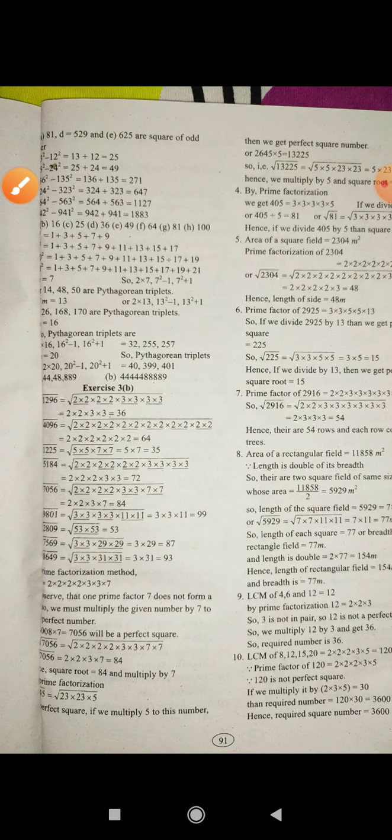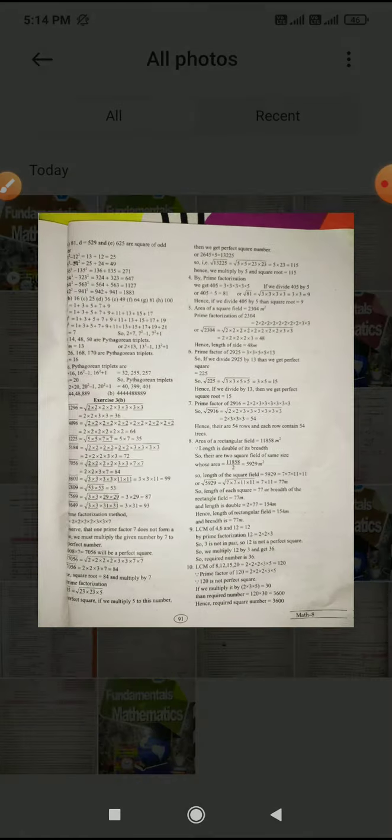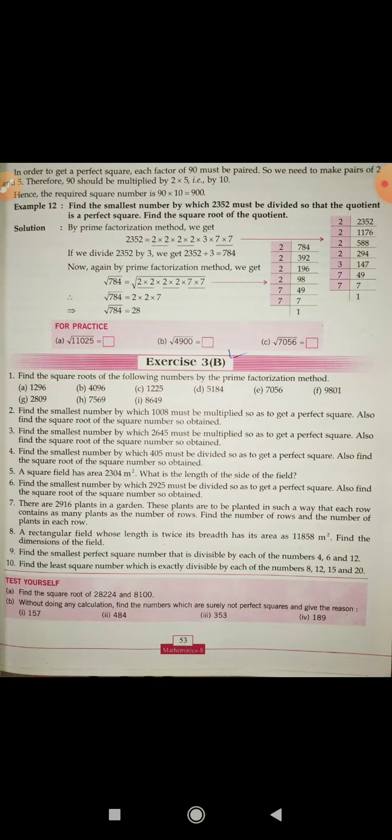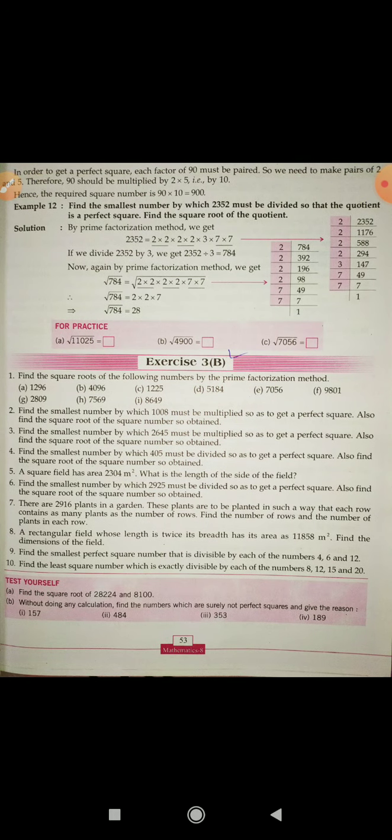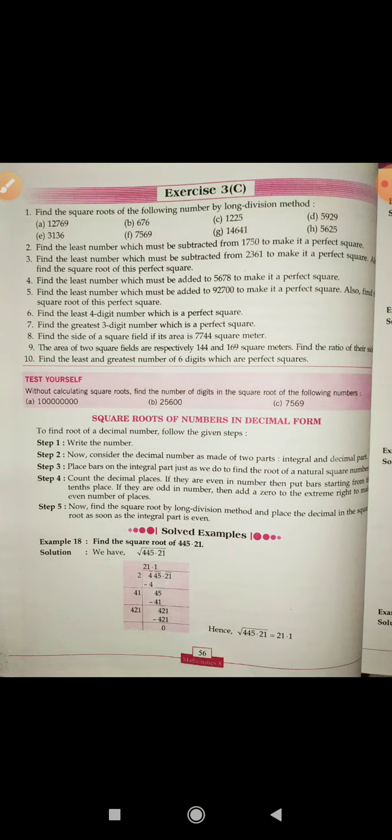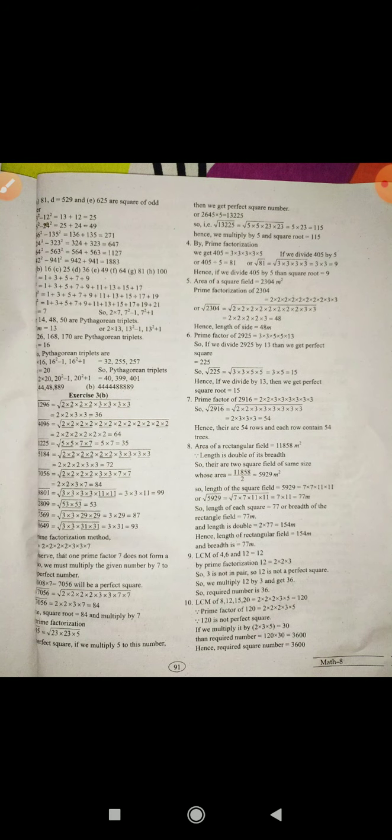So by the prime factorization method, find the smallest number by which 1008 must be multiplied so as to get a perfect square, and also find the square root of the perfect square number so obtained. Here we multiply 1008 by 7.